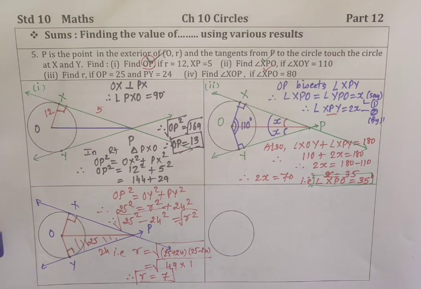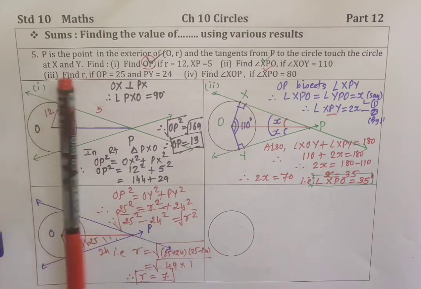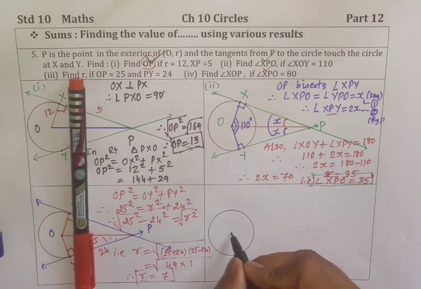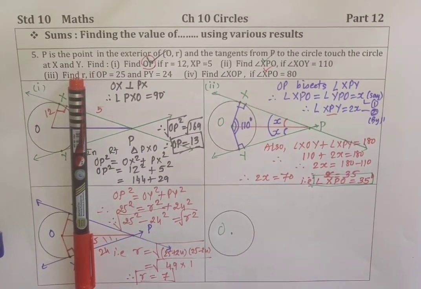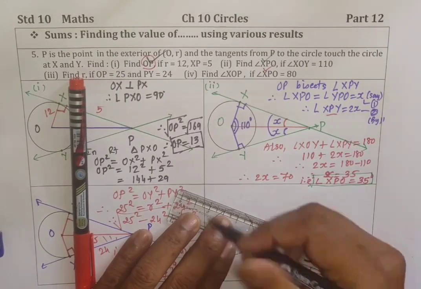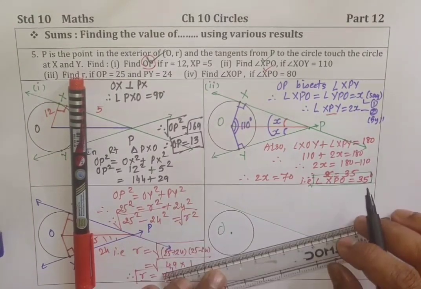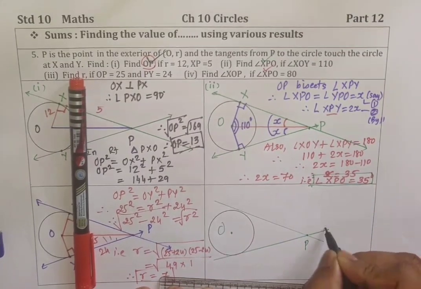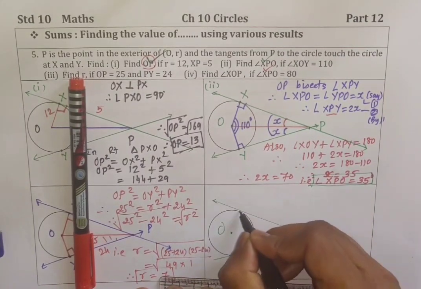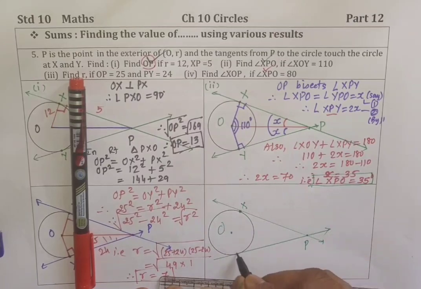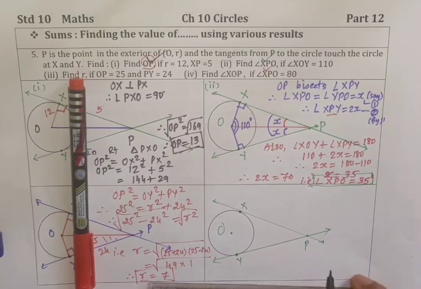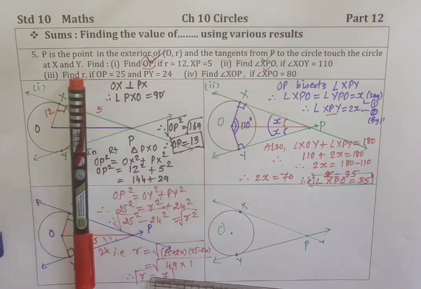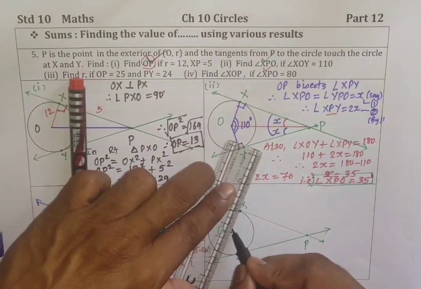All right, children. Now looking at the fourth one. This is center O. The two tangents from a point in the exterior. Let me draw two tangents, and the point of intersection I call P. This point is X. This point is Y. All right. Find XOP. Where is XOP? Here.